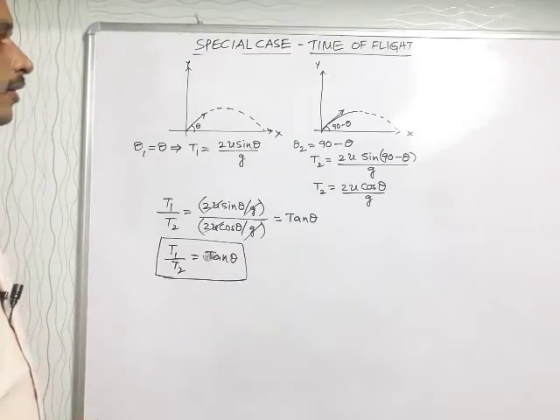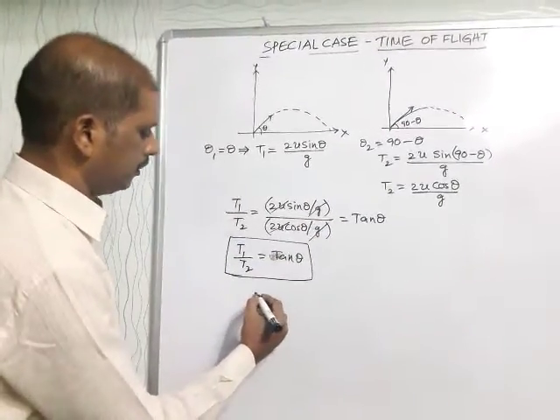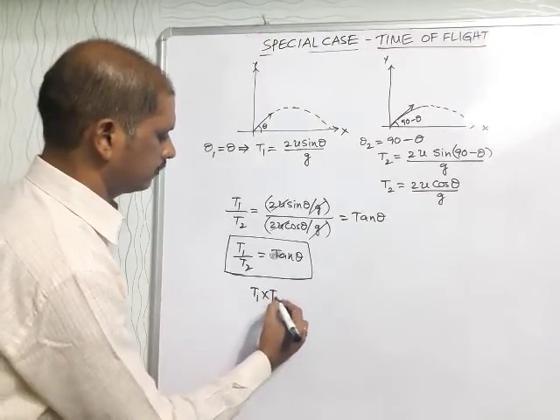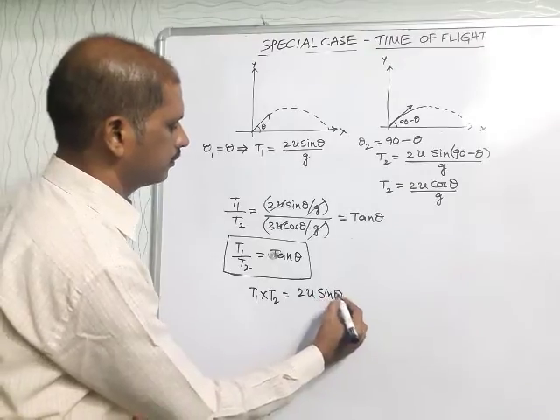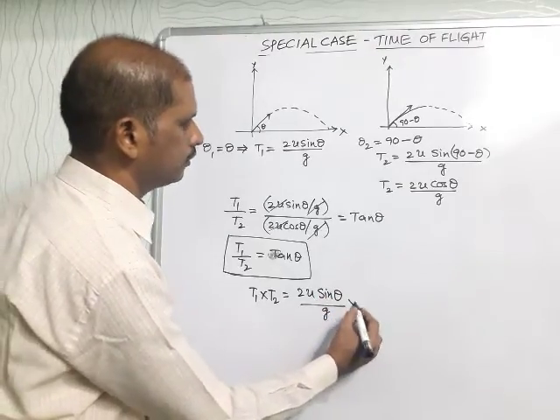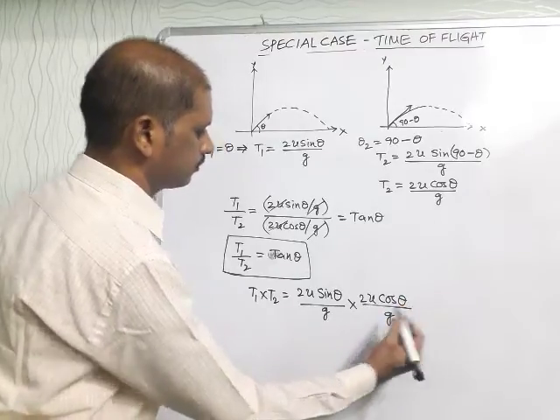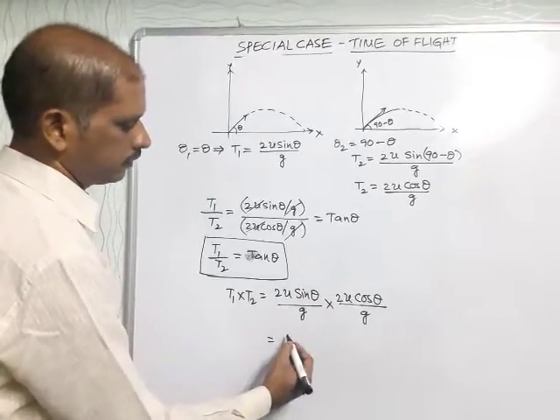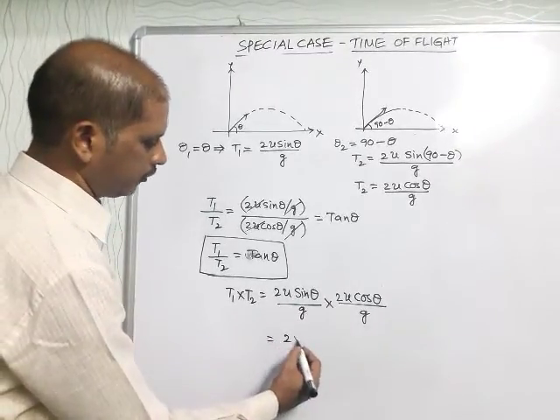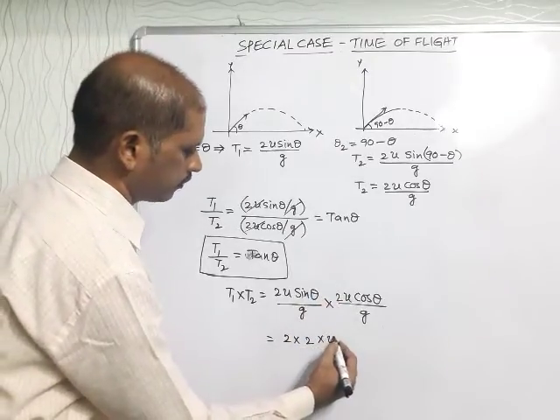Again, if you take the multiplication or product of t1 and t2, so t1 into t2 is equal to 2u sin theta by g into 2u cos theta by g. So here this is 2 into 2, u into u, u square.